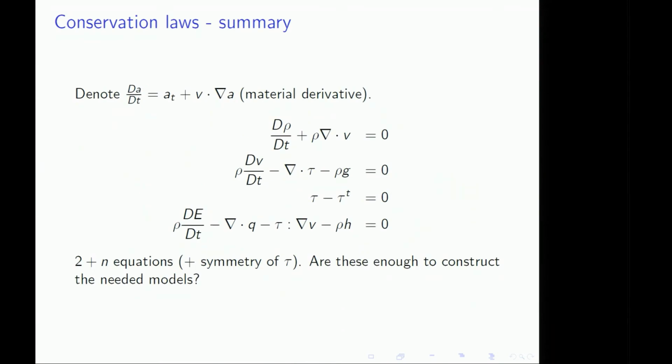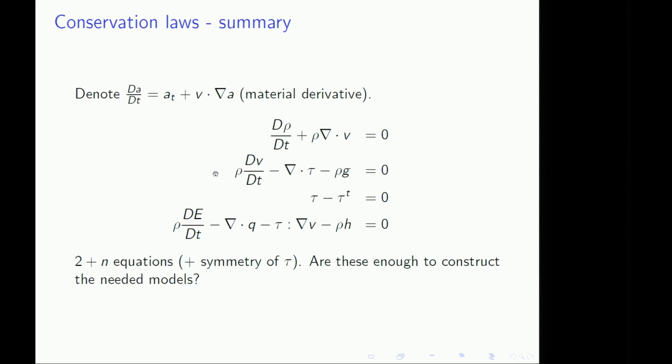So to summarize the conservation laws, we will use the material derivative as a basic notation. So we have a conservation of mass, which is saying that the change of mass has something to do with the divergence of velocity.